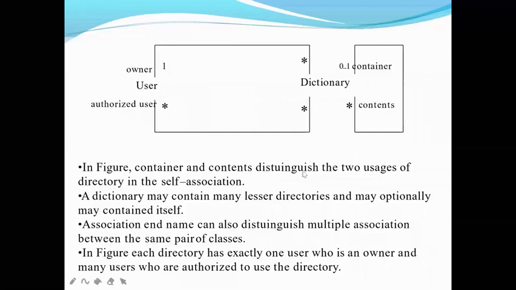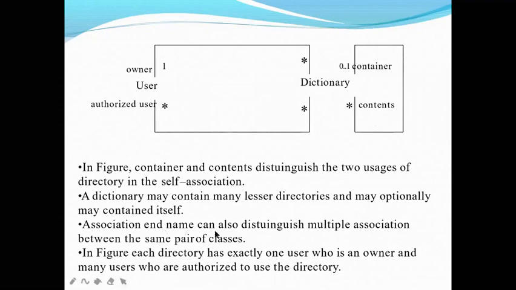In this figure, the container and the contents are the two usages of directory in the self association. So these two things are the objects which have been used for this directory. What is the next thing? A directory may contain many lesser directories and may optionally contain itself. It means this directory can contain the data of itself, or else it can contain the data from this side.